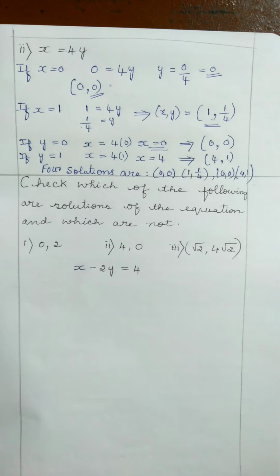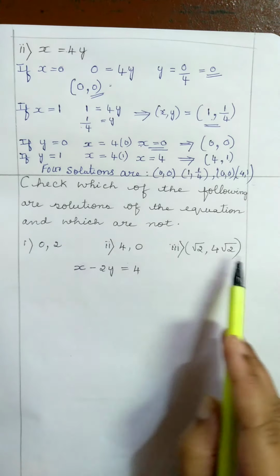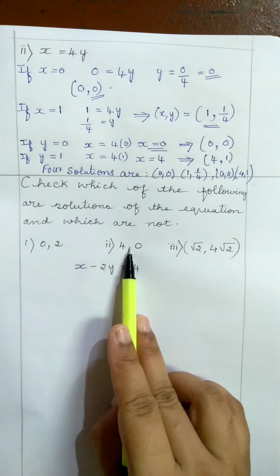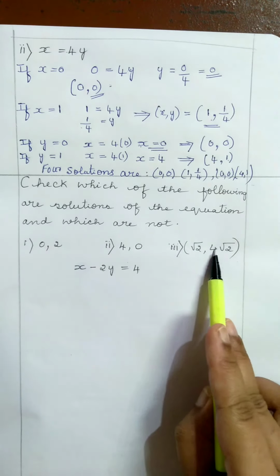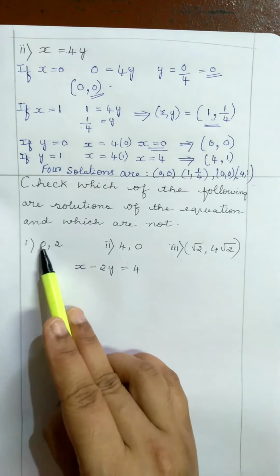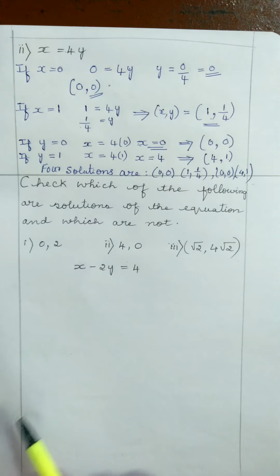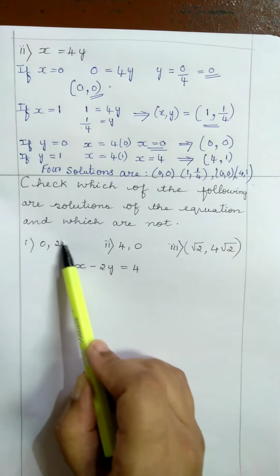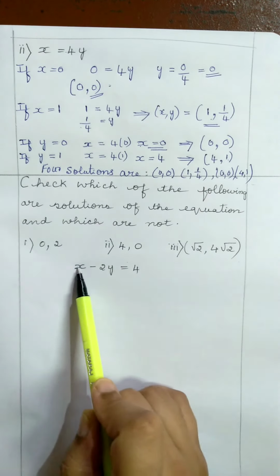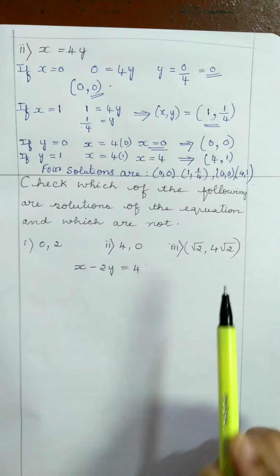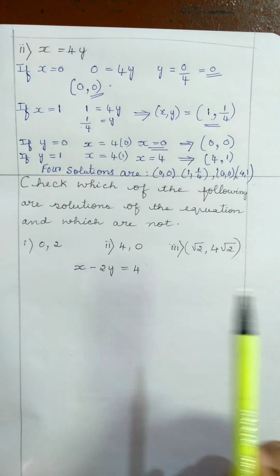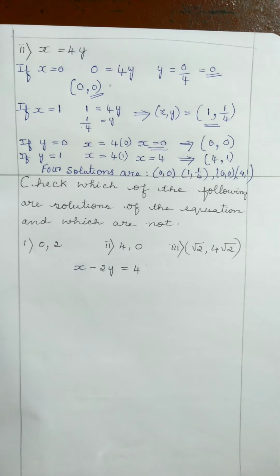Check which of the following are solutions of the equation and which are not. So, in this problem, they have given 3 choices: (0, 2), (4, 0) and (root 2, 4 root 2). These are the values of x and y. Now, we have to substitute these values in this equation so that the LHS and the RHS value should become equal.